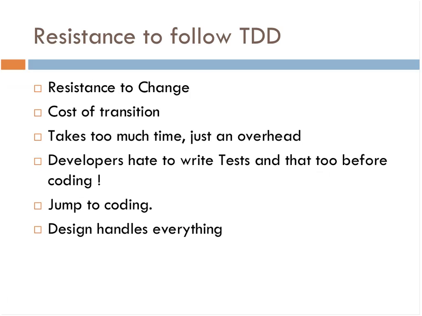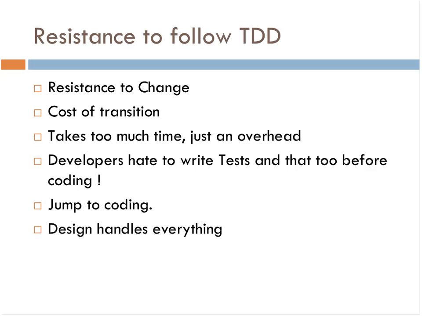But if you read around about test driven development, you will find there's a lot of resistance to following it, and many people here also don't follow it, even though this development process has been there for a long time, at least 8-9 years. So not many people follow test driven development, and when it has so many benefits, why is there a resistance to follow it?